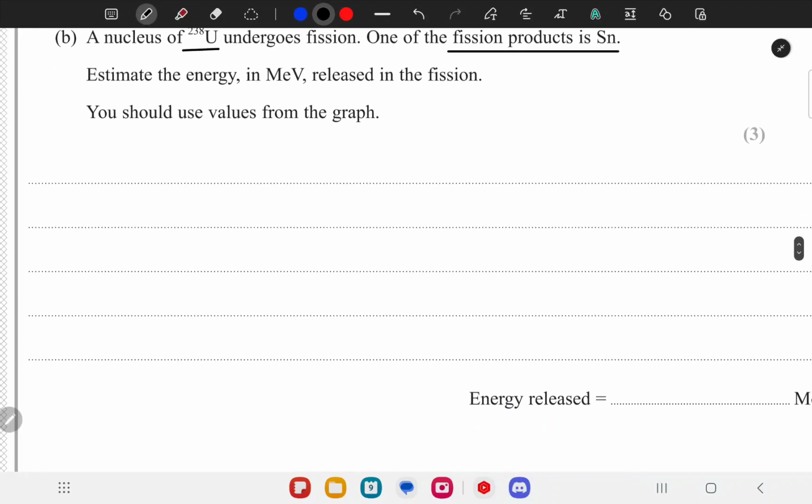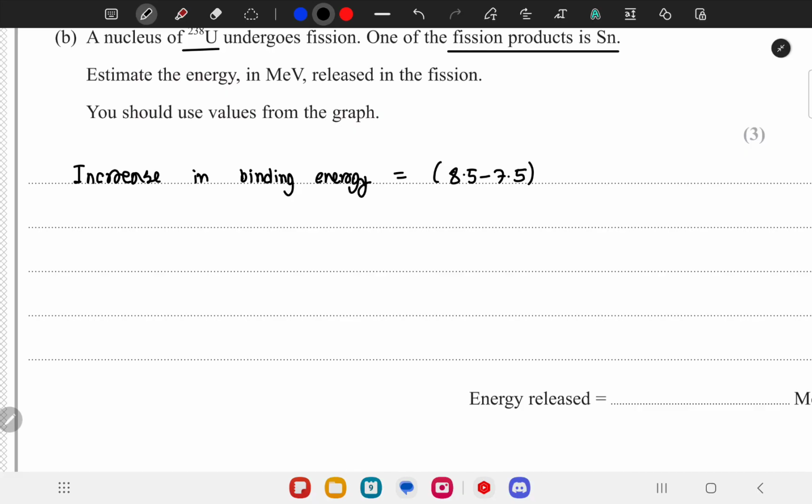So the increase in binding energy per nucleon would be 8.5 minus 7.5, so 1 mega electron volt.